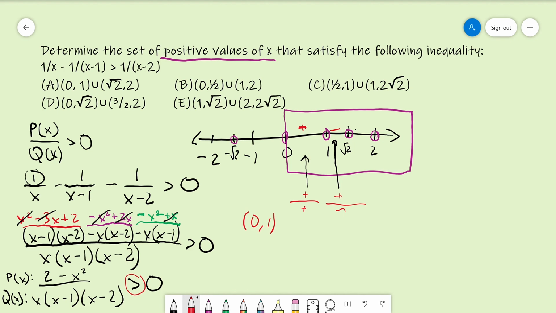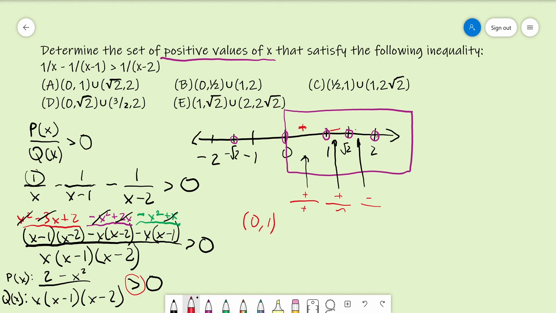Now between root 2 and 2, the numerator now is going to be negative because x squared is going to be bigger than 2, so 2 minus a number that's bigger than 2 is going to be negative. Let's put that up here, we're using red.